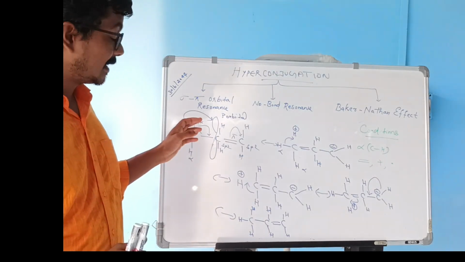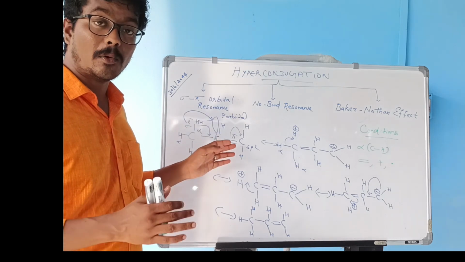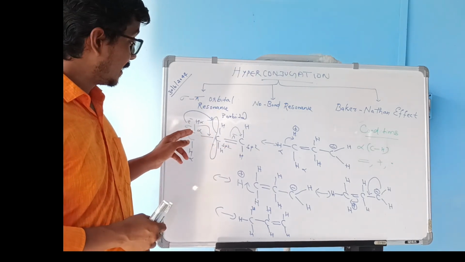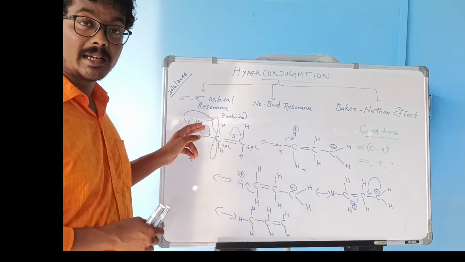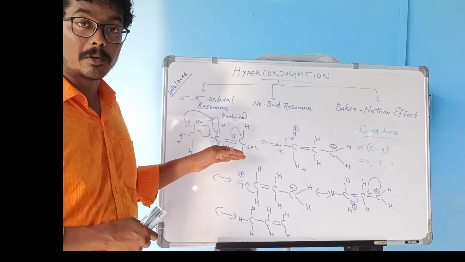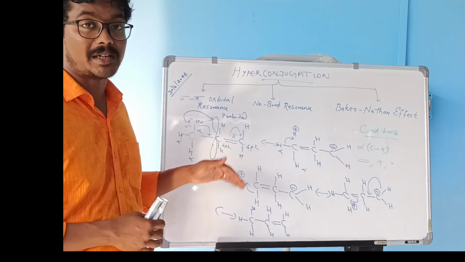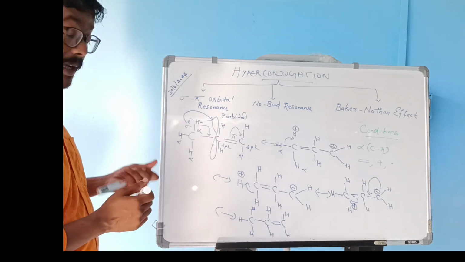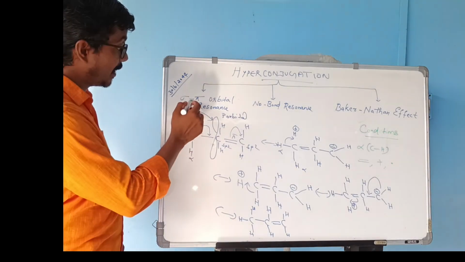Hyperconjugation is the delocalization or shifting of sigma electrons from the alpha carbon-hydrogen bond to an adjacent p orbital or pi orbital which is vacant or partially filled.